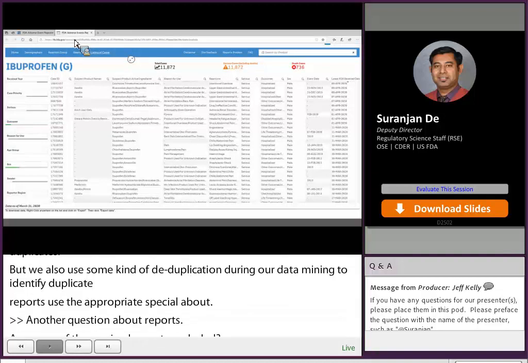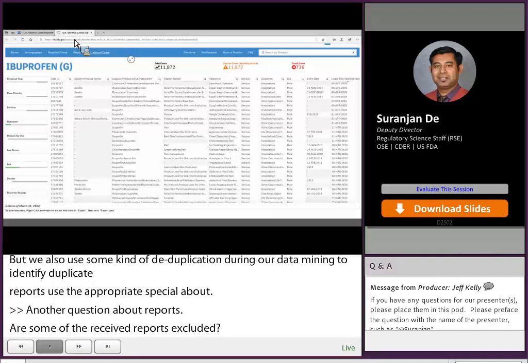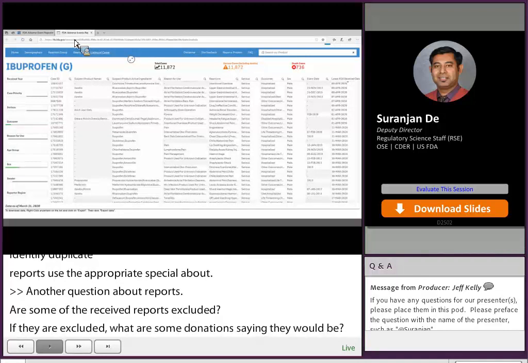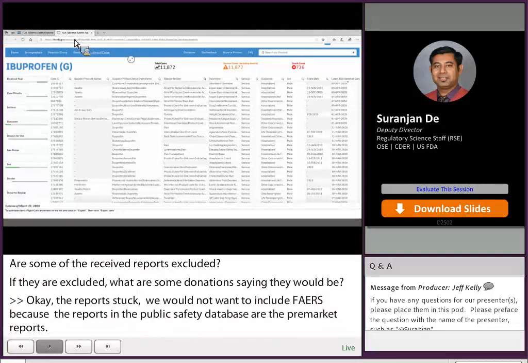The reports that typically we would not want in our FAERS database, because it's a post-marketing safety database, are the pre-market reports. They are not to be submitted, and we do not want to keep them in the FAERS database. It's a post-market safety database, unless you have a marketed product which is in the trial and now the blind is broken.